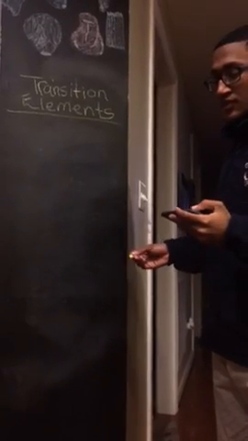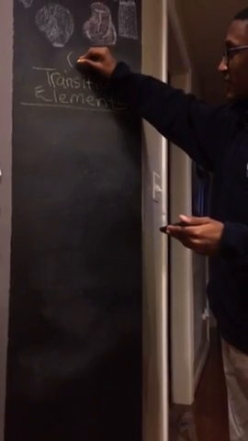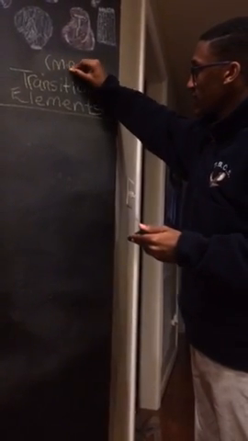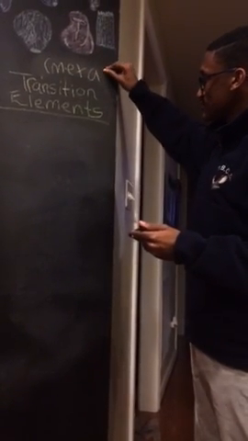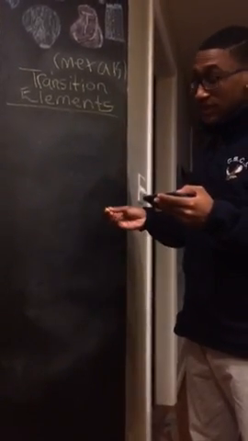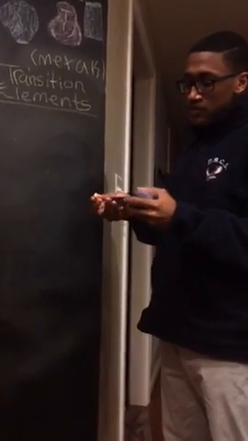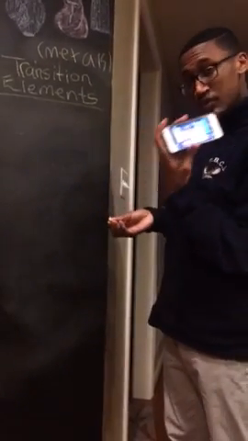Transition elements should actually be known as transition metals. The majority of them can be found from groups 3 to 12 of the periodic table.